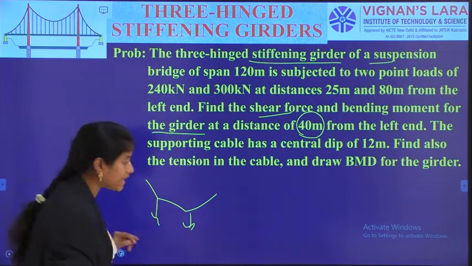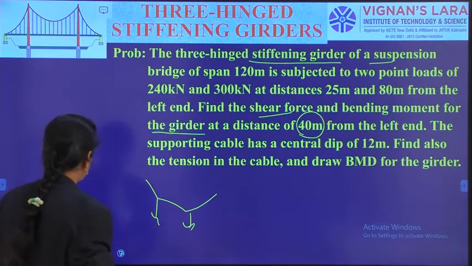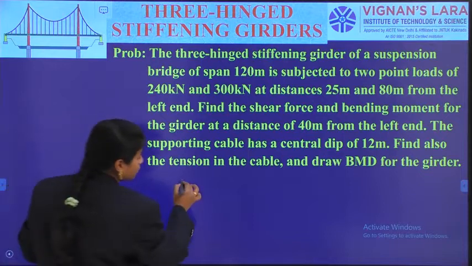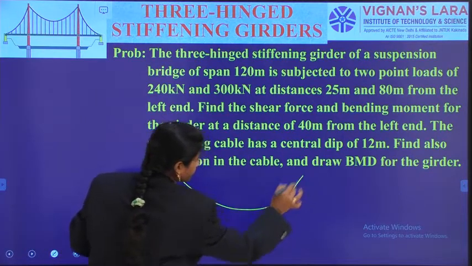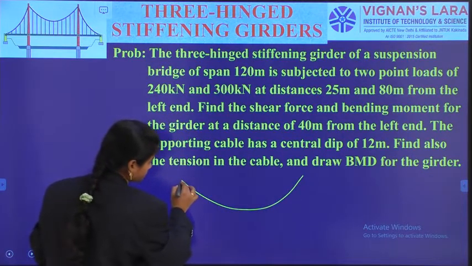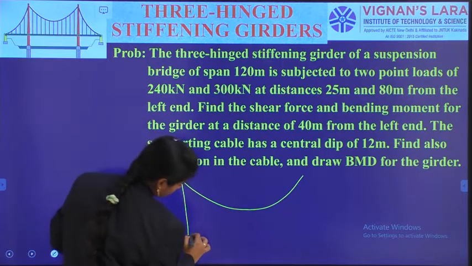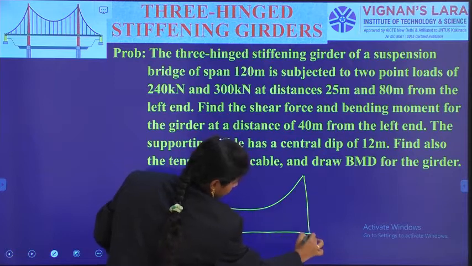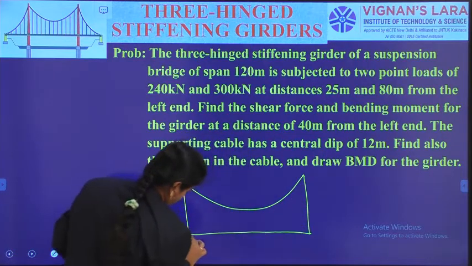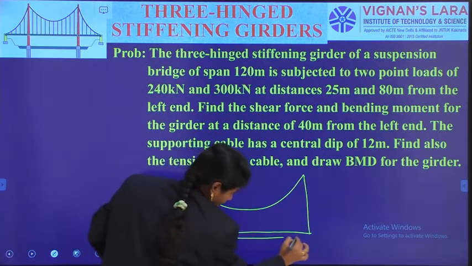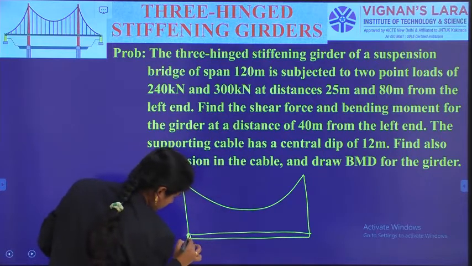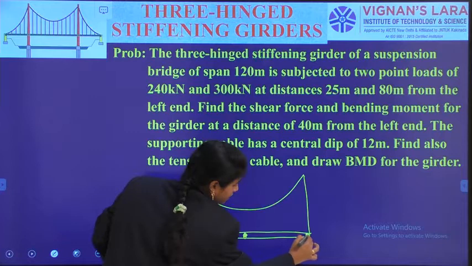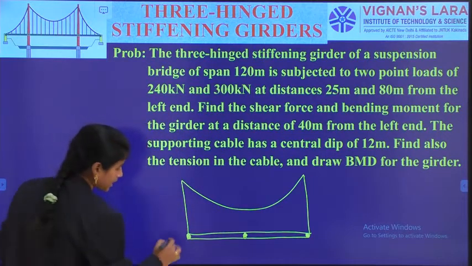So what is it saying? We have a cable and a stiffening girder arrangement with 3 hinges. As they have mentioned 3 hinges, I am indicating them with dots.